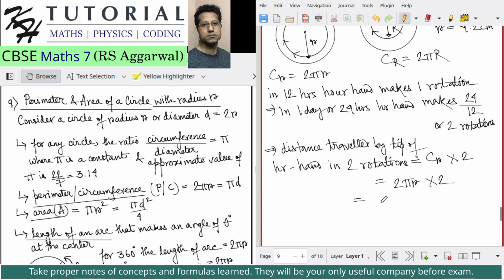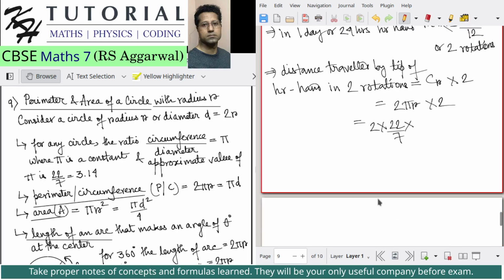Now let's find out the value. So 2 pi is 22 by 7 multiplied by small r, which is 4.2, multiplied by 2. So this much centimeter is traveled by the tip of the hour hand, which is making a total of 2 rotations in one day.